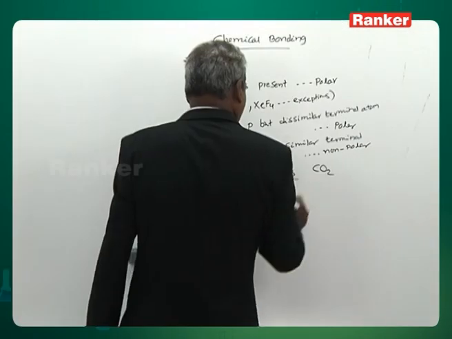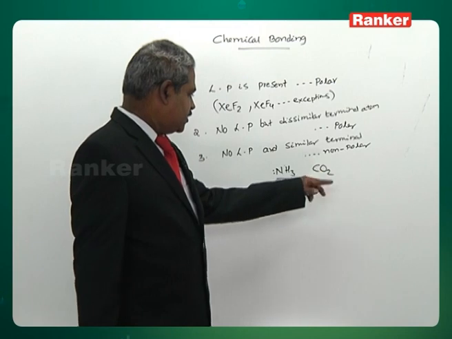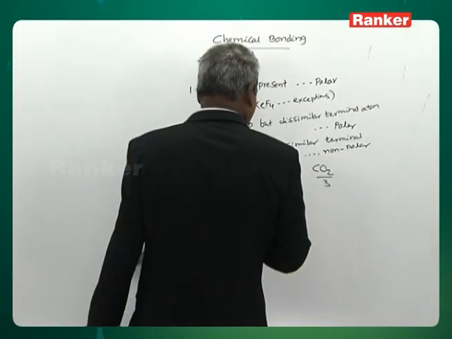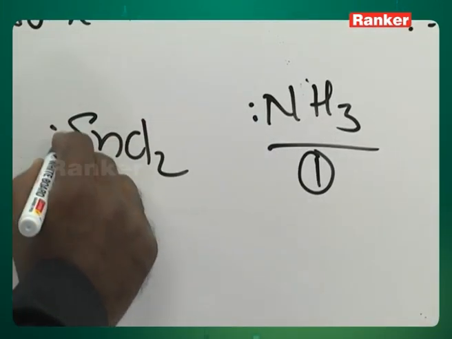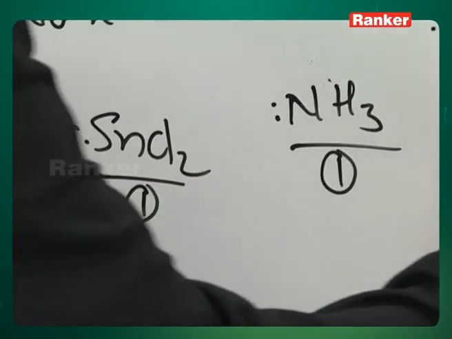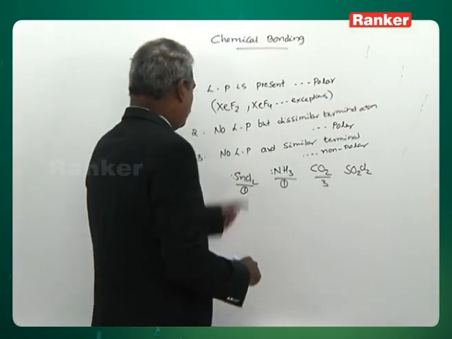CO2, carbon dioxide, there is no lone pair, and both the terminal atoms are similar, therefore it belongs to the third category, non-polar. SnCl2, lone pair is present, therefore polar.